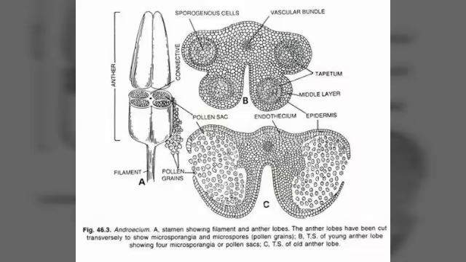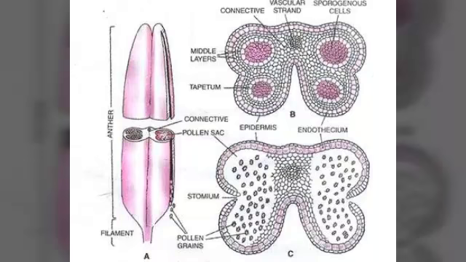What is microsporogenesis? Formation of pollen grain from the sporogenous tissue is called microsporogenesis. What are microspores? Microspore is also known as pollen grain.